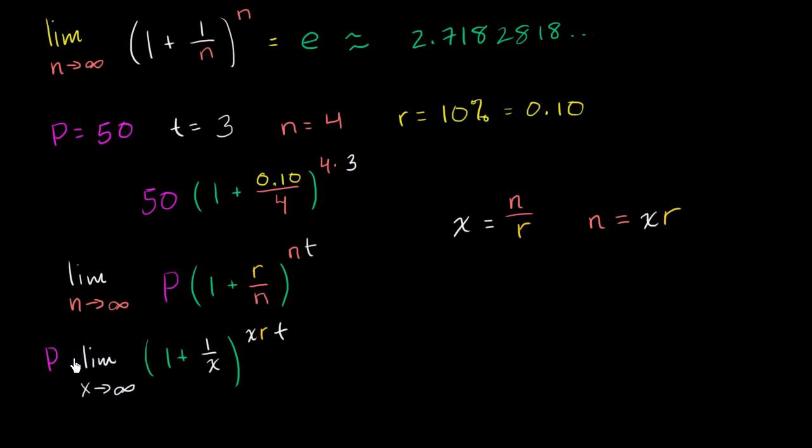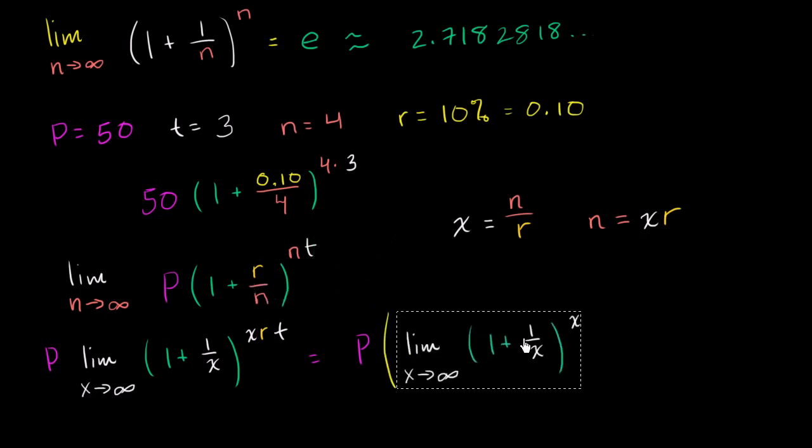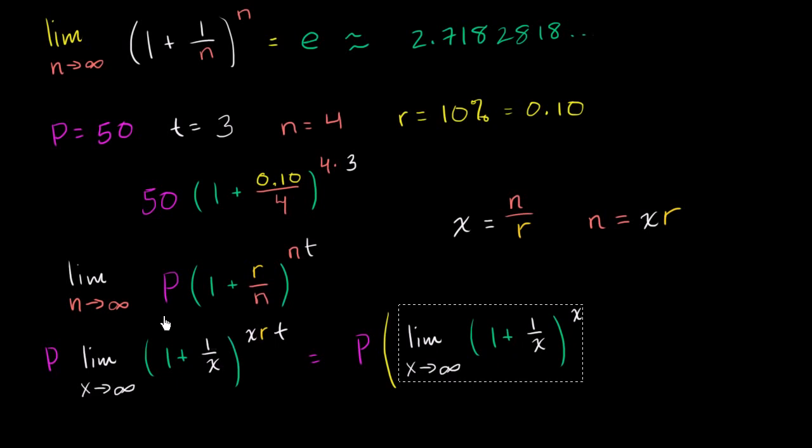Well, all of this business is the exact same thing. So let me rewrite this. Let me copy and paste this part right over here. This is the same thing. This is equal to p times, let me put some parentheses here, times the limit, so this limit right over here.